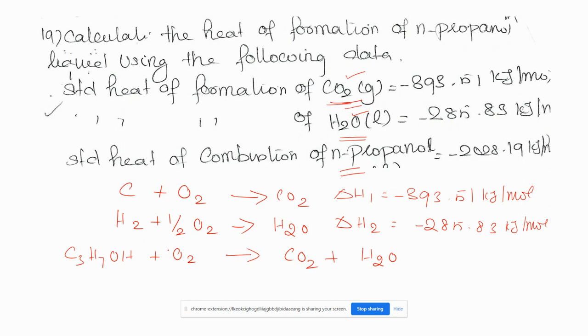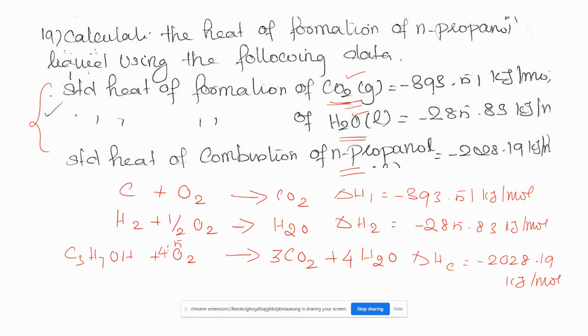Balancing it, you get C3H7OH plus 4.5 O2 gives 3CO2 plus 4H2O. For this, the del HC value is minus 2028.19 kilojoules per mole. So for these three given data, we have written the reactions.